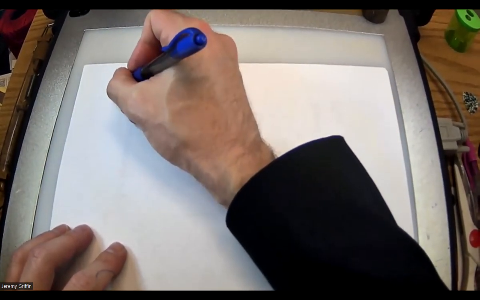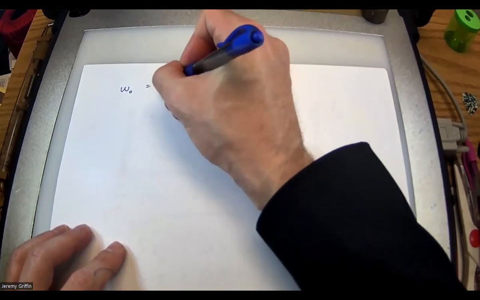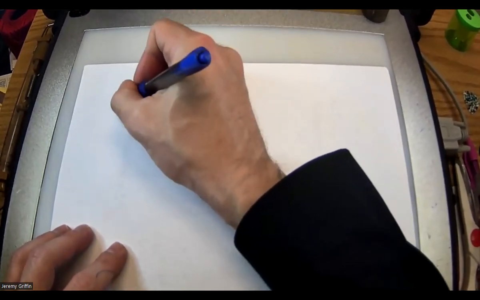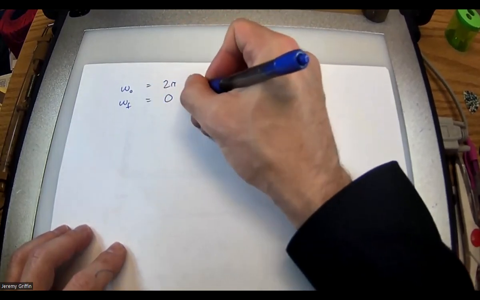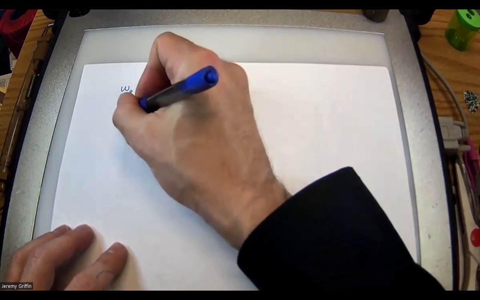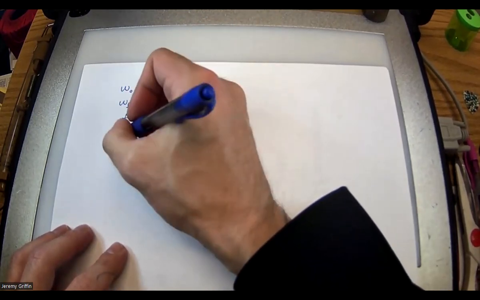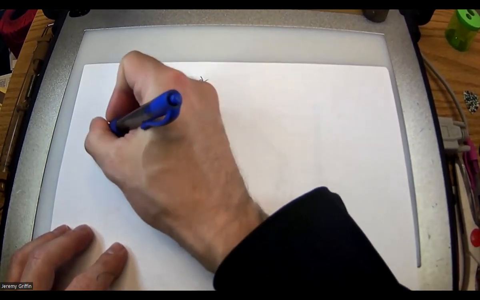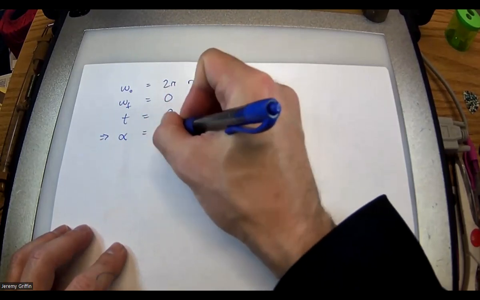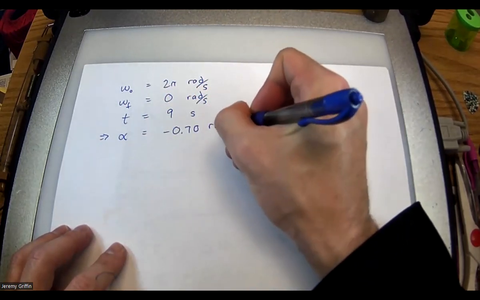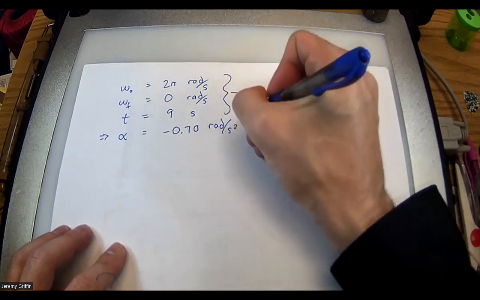If you know that omega naught was 2 pi radians per second, that's 1 revolution per second. Omega final is 0 radians per second. The time interval was 9 seconds. Then you also know that alpha is equal to negative 0.70 radians per second squared. Right, that comes out of all this. Let's be consistent with all that.